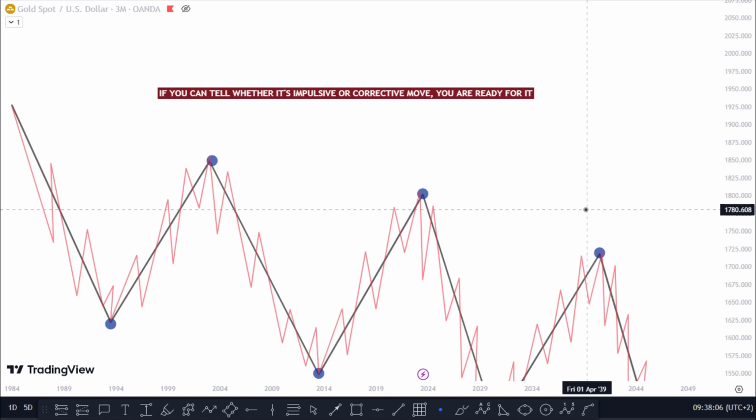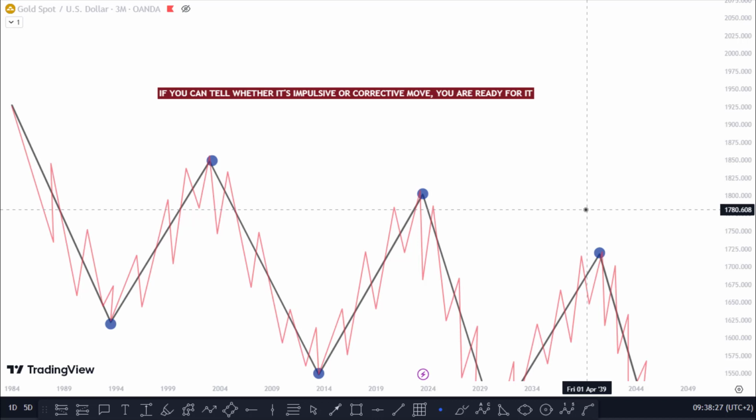Whenever you open your chart, and use any time frame, if you can tell whether the structure you see is an impulsive or corrective move, you are ready for it. This is a very powerful concept.